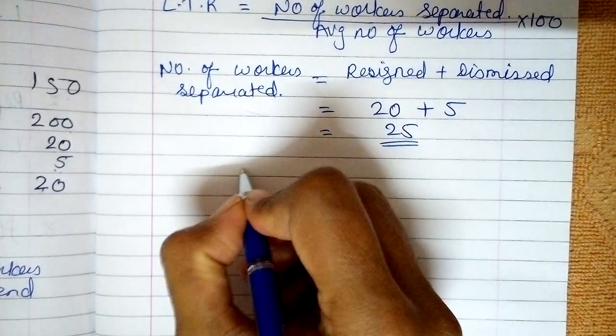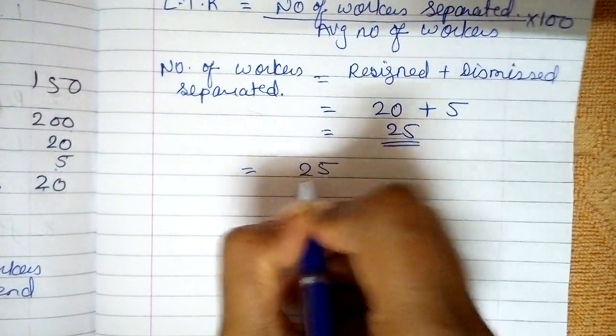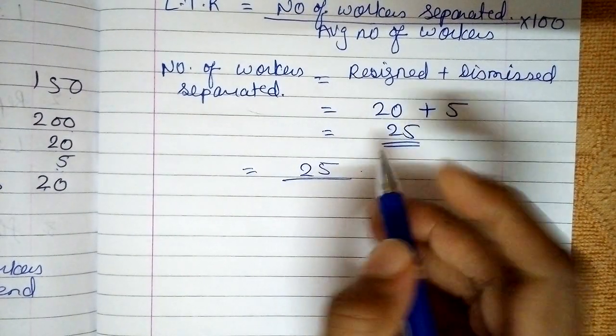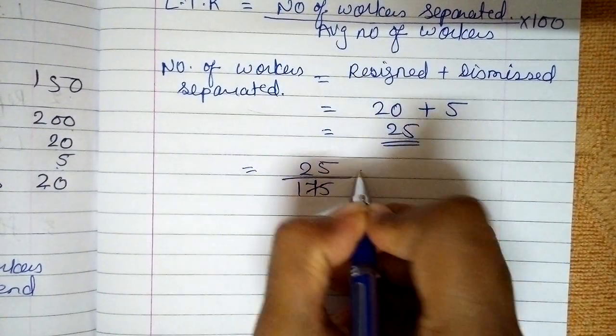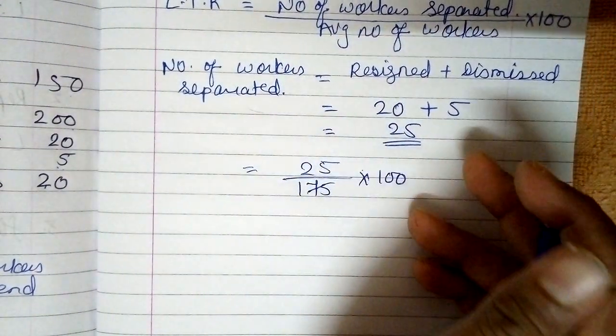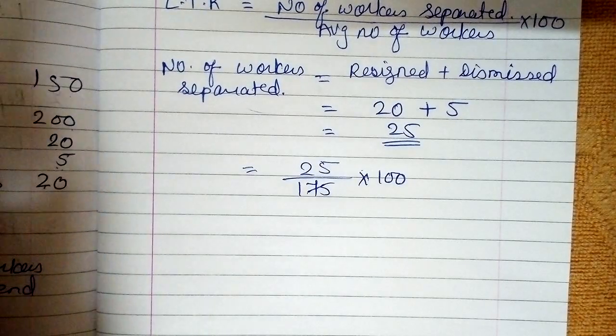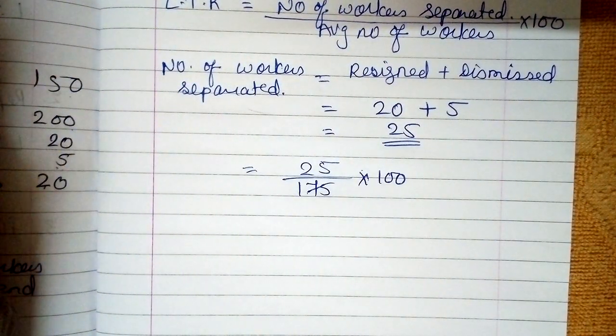So now we'll just place this in the formula. Number of workers separated 25 and average number of workers that we have found out 175 into 100. So the answer will be 25 divided by 175 into 100.